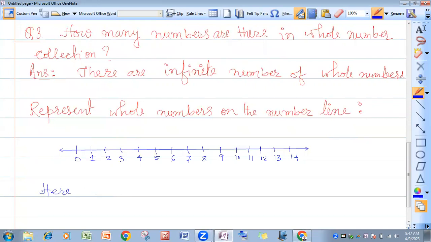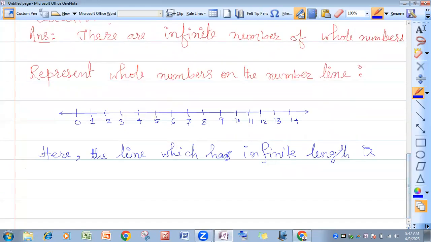The line which has infinite length is telling about infinite whole numbers.